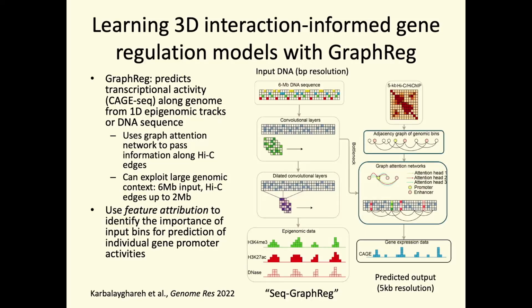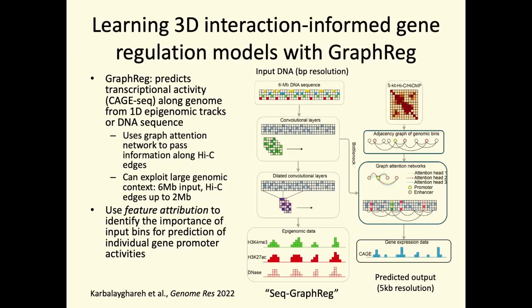The first part of the model is just a dilated CNN. Okay, so we're doing a regular CNN and then dilated convolutional layers and predicting the epigenomic tracks. So you can think of this as trying to learn motif-like representations that help you predict the 1D epigenomic data.